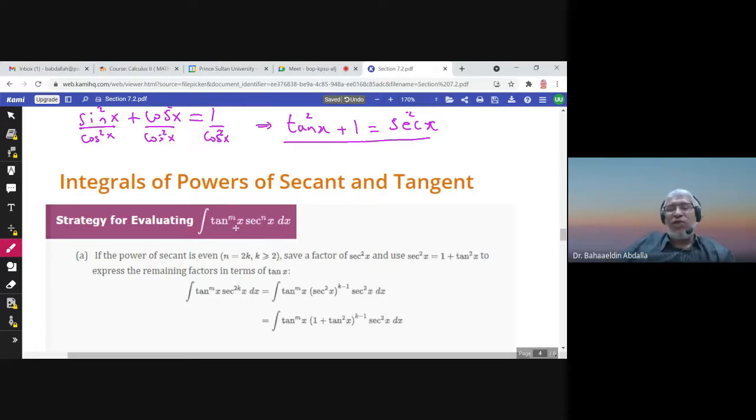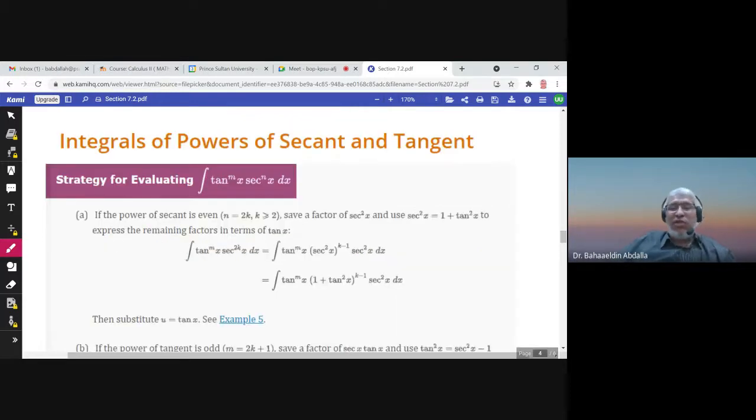So we can deal with this integral, tan to the power m, secant to the power n. And now we have two strategies for two cases. The third case has no strategy. You have to think about it. So what is the first strategy if the power of secant is even? If you have secant to the power 2, 4, 6, then you take u as tan x.